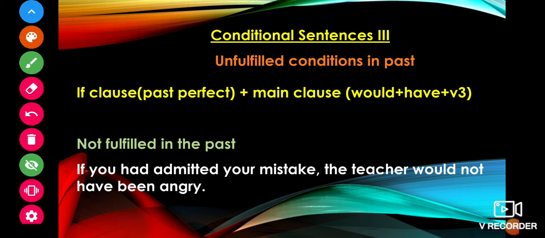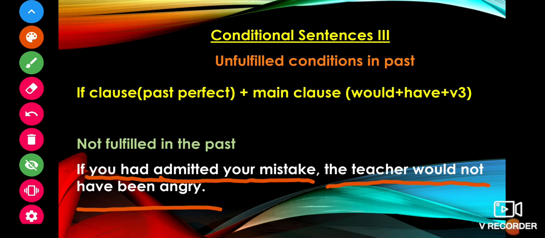Let us look at the example. If you had admitted your mistake, the teacher would not have been angry. That means we have not admitted our mistake and this condition was not fulfilled in the past.